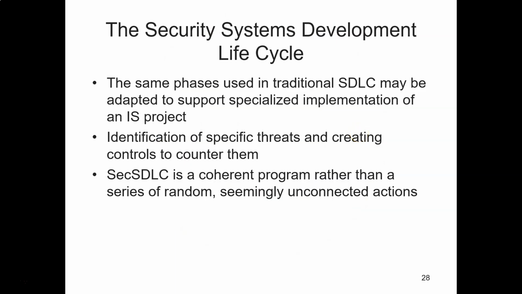In the security systems development lifecycle, we can adapt the same phases used in the traditional system development lifecycle to support the implementation of security projects. The fundamental process is to identify the security issues and problems within the system, including the threats.